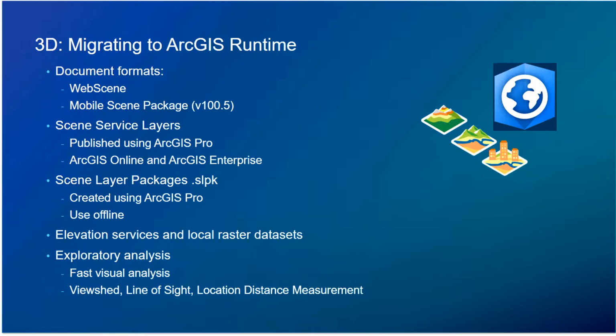So viewshed, line of sight, and location distance measurement, incredibly fast visual analysis. The key thing about these is they're essentially based on what's rendered at the time within the scene view. So they're 3D only, but they're also based on the resolution of the data that's available in the scene view at the time. So if you zoom in, you might get slightly different results because you get higher resolution data.